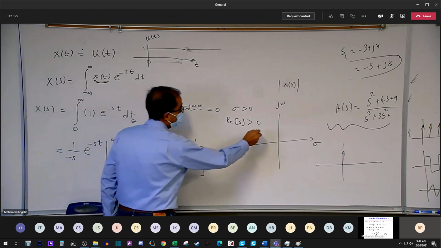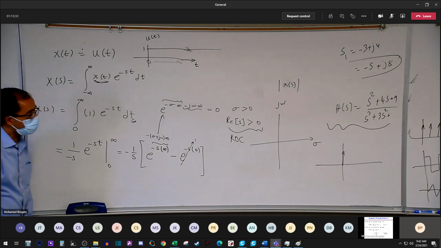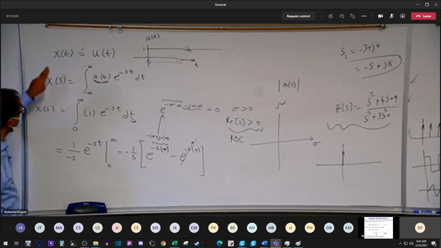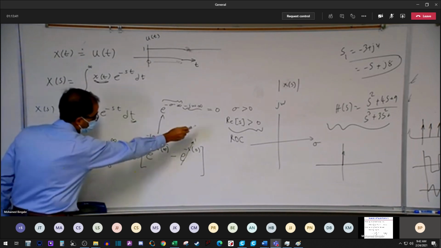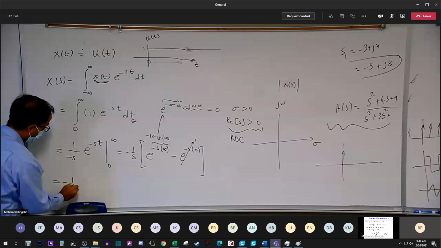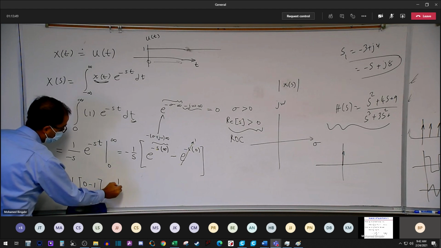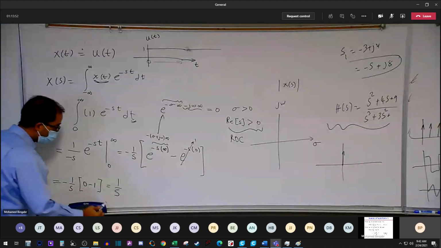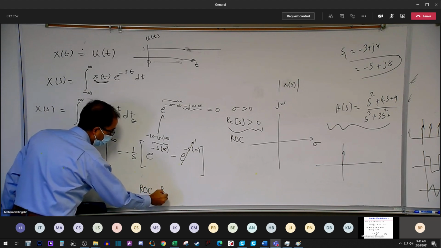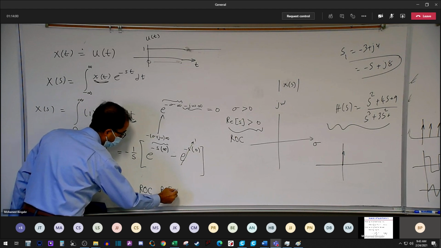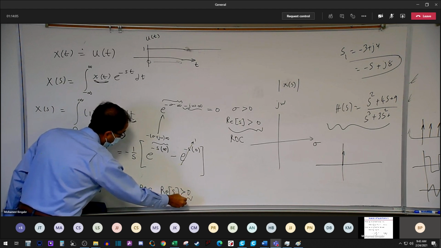And that's what we call the region of convergence. That means u of t will have a Laplace transform, and if this condition is true, then this will be minus 1 over s times 0 minus 1, that's 1 over s. And you have to specify this is true, the region of convergence, real s, or sigma, larger than 0. Make sure you write that.